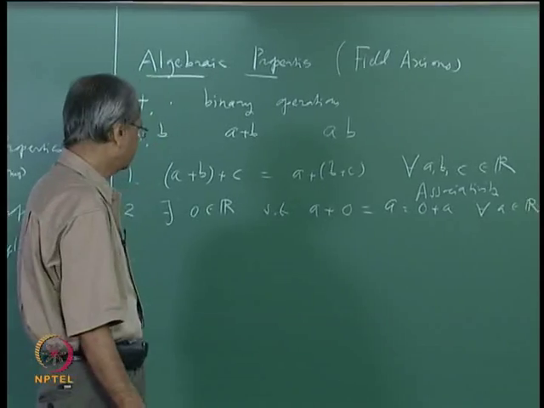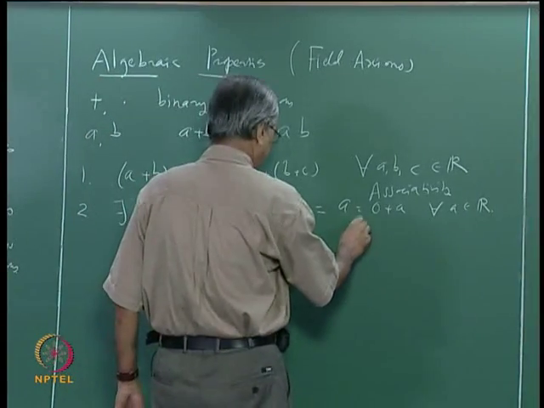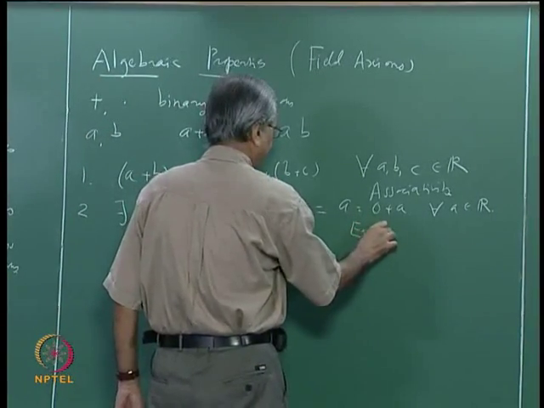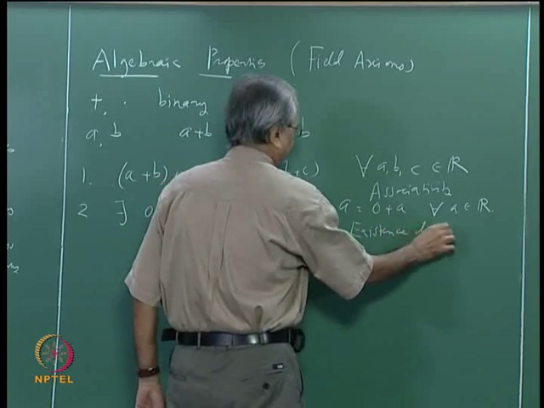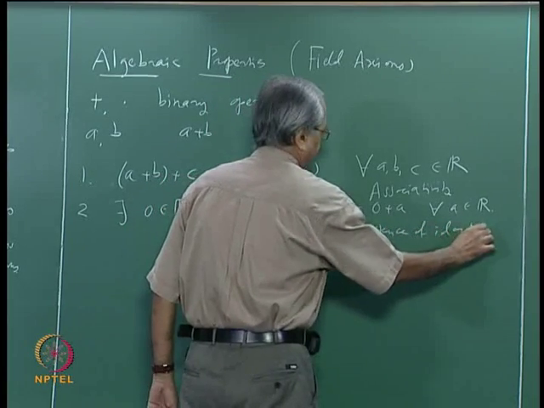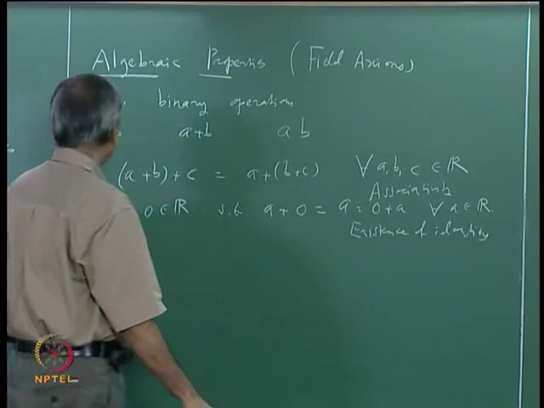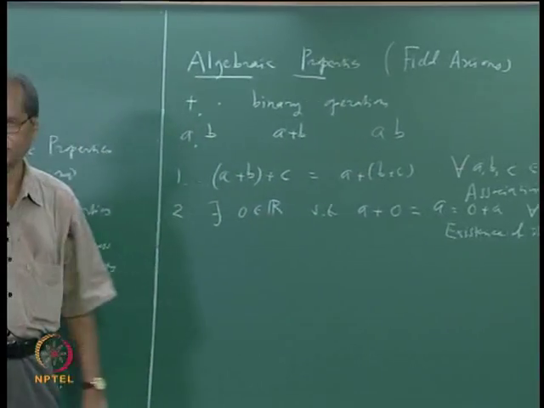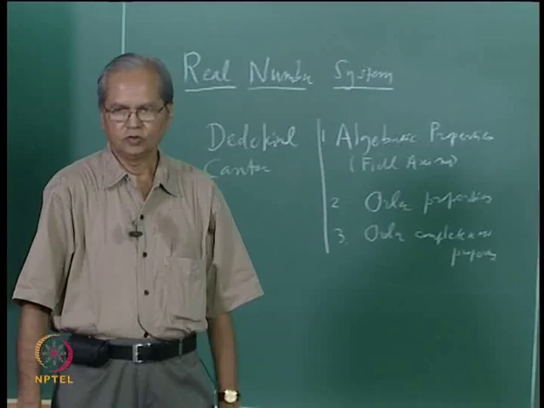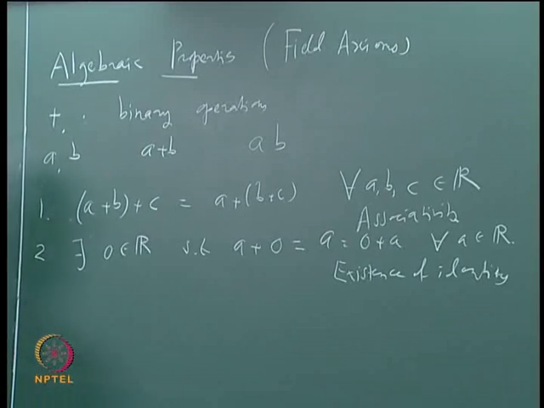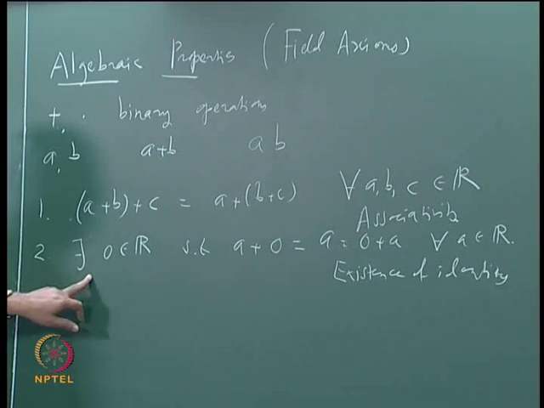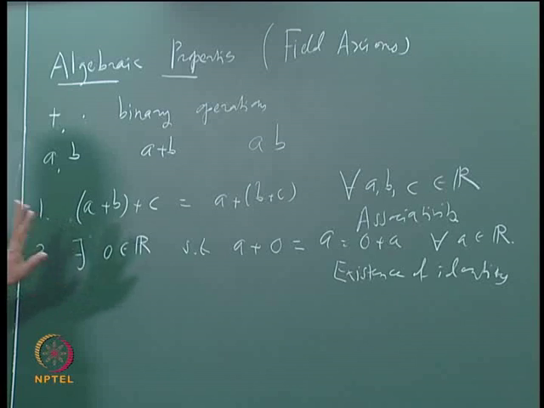And this property is called existence of identity with respect to this first operation, addition. Now you can see already that this property distinguishes between R and N. Okay. N doesn't have this property.